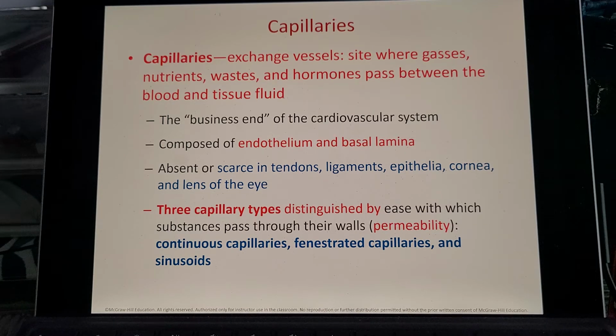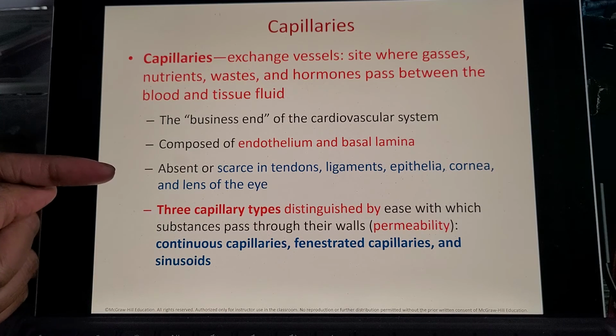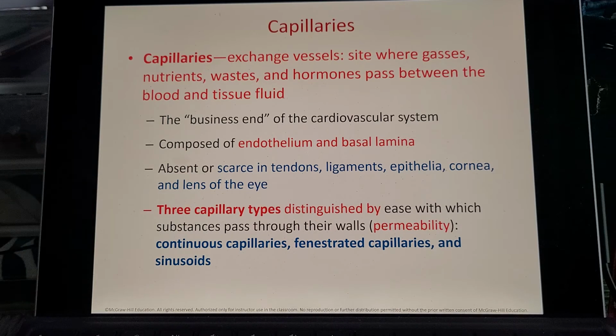These areas of capillaries are very rare in your tendons and ligaments, so thinking how they move a lot, for example, just with movement and stuff, the possibility of them getting pinched off would be very high, so very few in those areas.